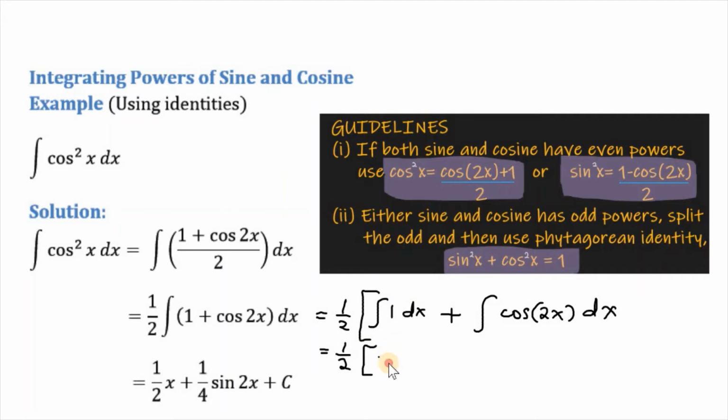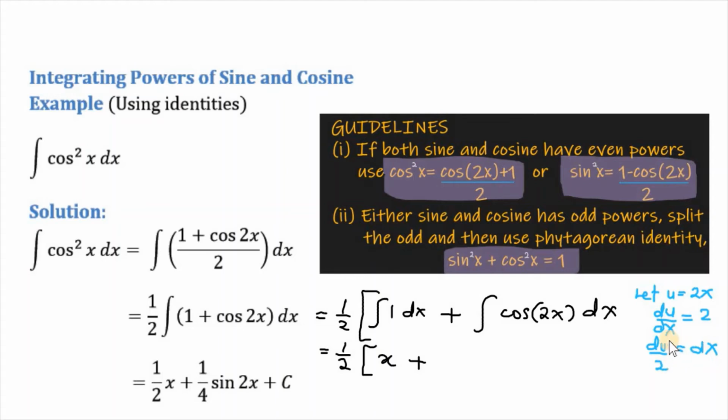For this portion we can integrate straight away, so we get x. But for the other portion, we change it first using a simple u substitution. For example, let u be 2x. Change everything in terms of u. So we need du dx. Differentiate, we get 2. So hence dx is du on 2.